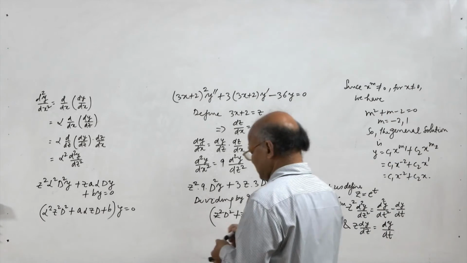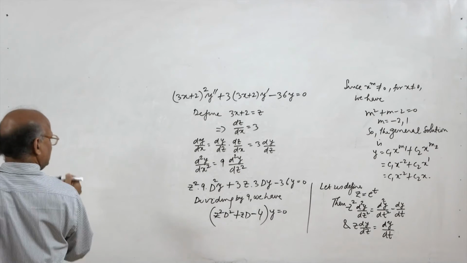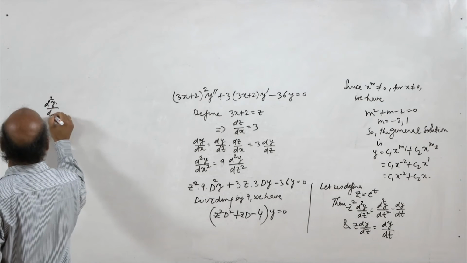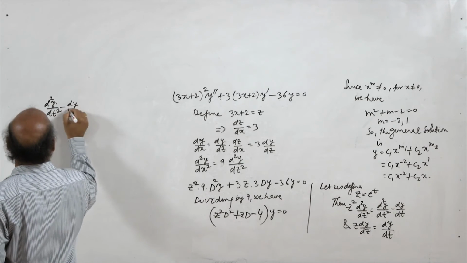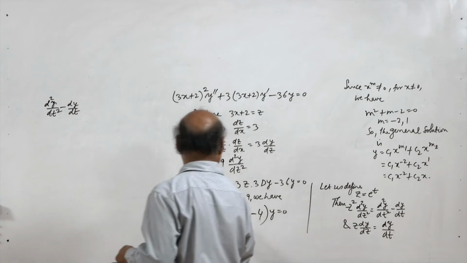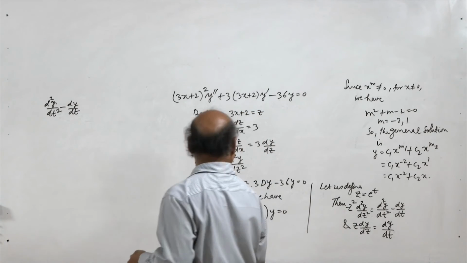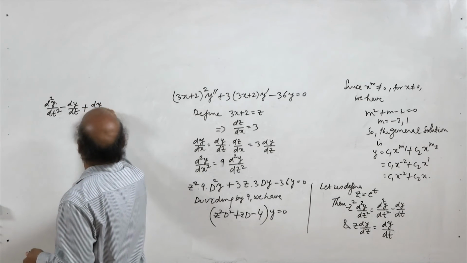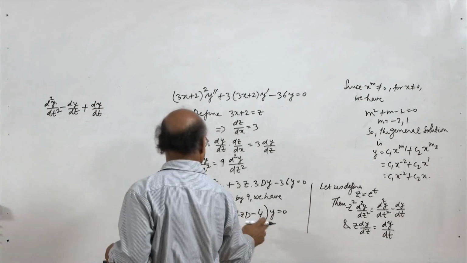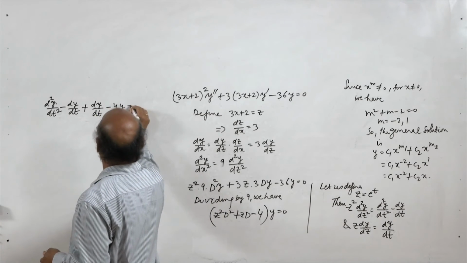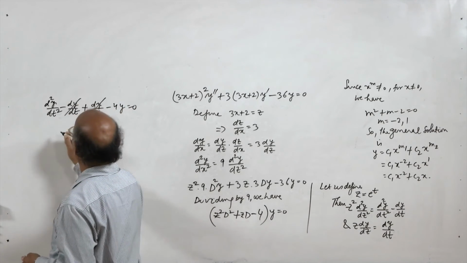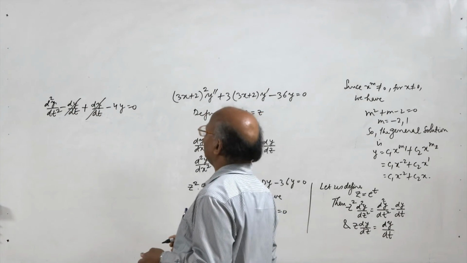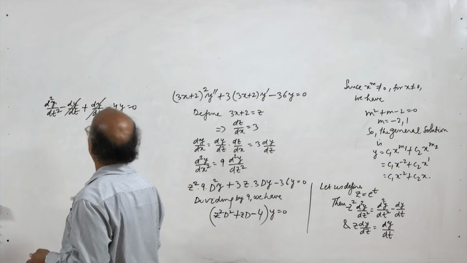So, we will get d square y by dt square minus dy by dt for z square d square y, plus z dy we get dy by dt, and then minus 4y equal to 0. So, this will cancel. We have d square y over dt square minus 4y equal to 0, which is a linear differential equation of second order with constant coefficients.